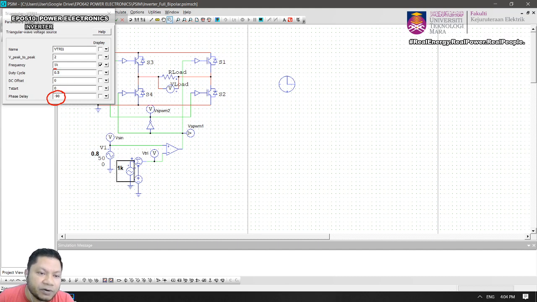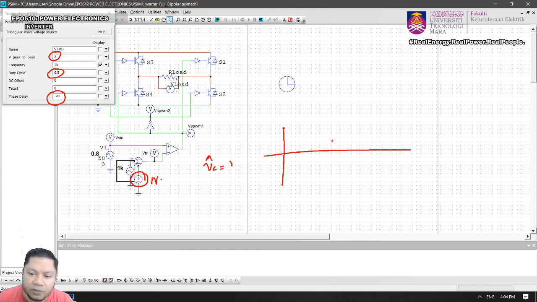Still the same 0.5 duty cycle. The peak-to-peak is 2 volt because I want to push it down by 1 volt. Therefore, I get the amplitude of VC equal to 1 volt.